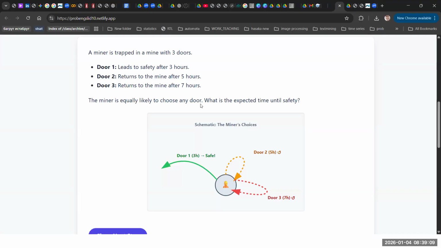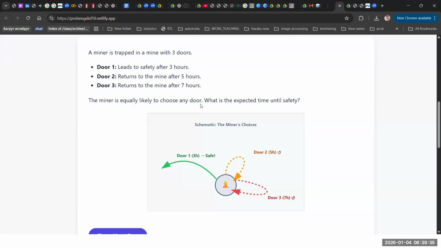Every time he can choose the wrong door again. Every time he returns to the mine, it's the same room. It's independent, right? Yes, independent and memoryless. He doesn't remember which door he selected. He has Alzheimer's, he doesn't remember anything.